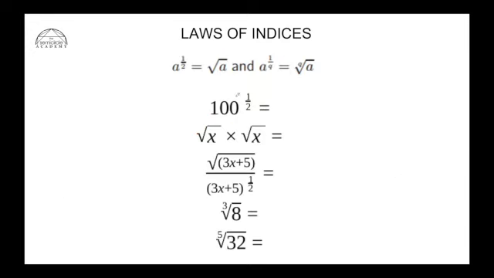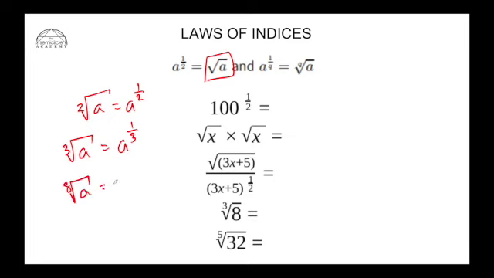We proved that anything to the power of a half is actually a square root. So a square root is to the power of a half. Yeah? A cube root is to the power of a third. Right? If you have an eighth root, that means to the power of 1/8.